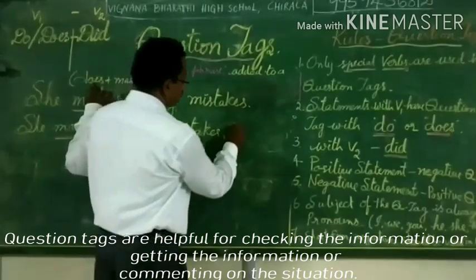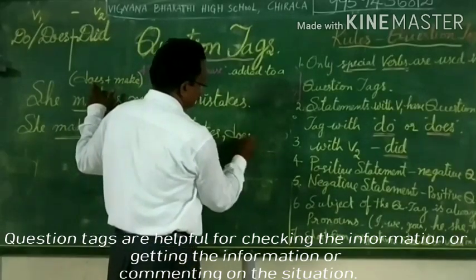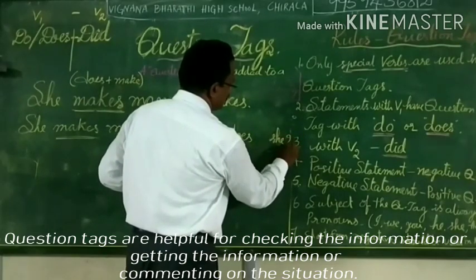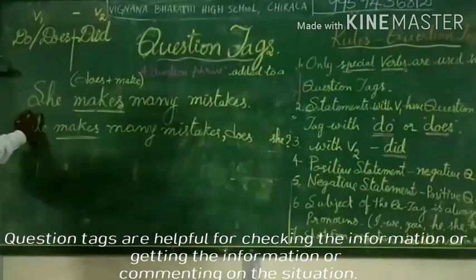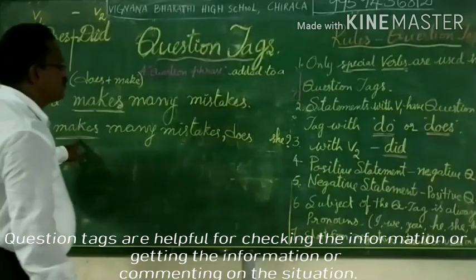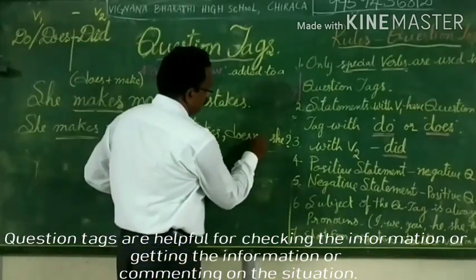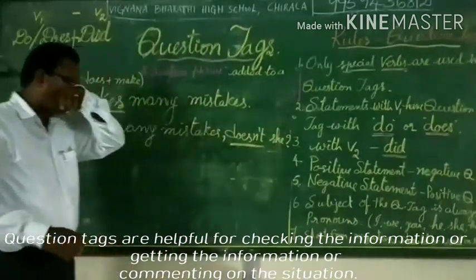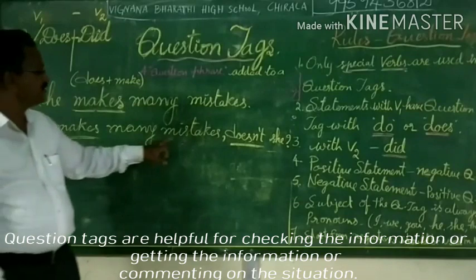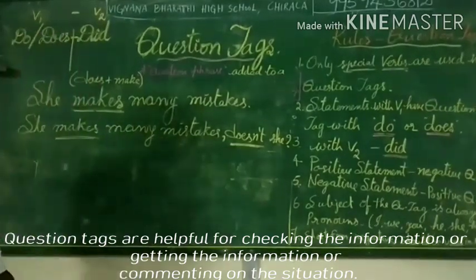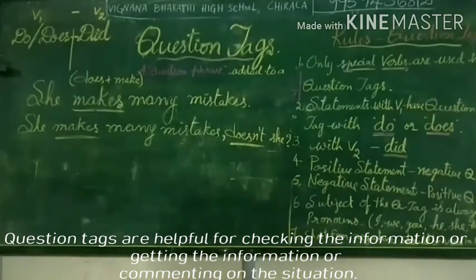Already it is does, comes under does. Does. Here the pronoun for the subject is she. Already the subject is in pronoun, that is why does she. But the statement is positive, that is why we have to add not. Does not, doesn't she. She makes many mistakes. Doesn't she?